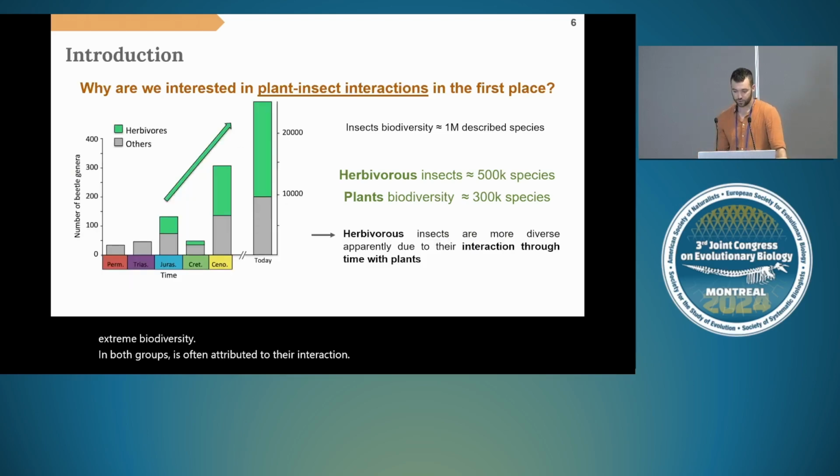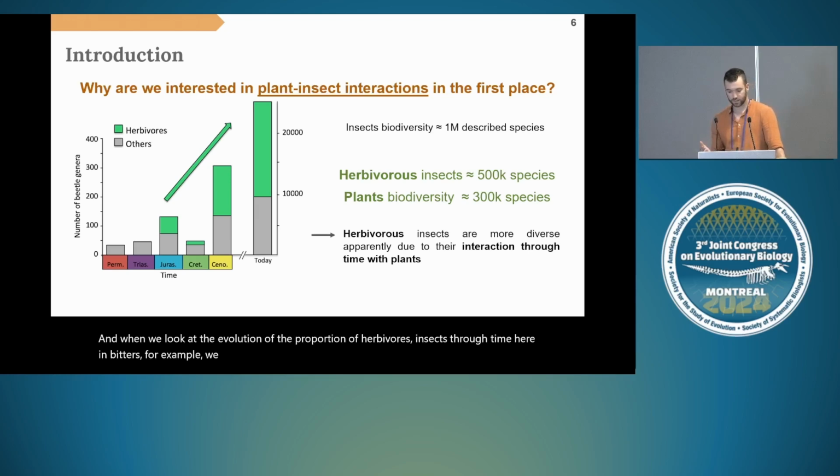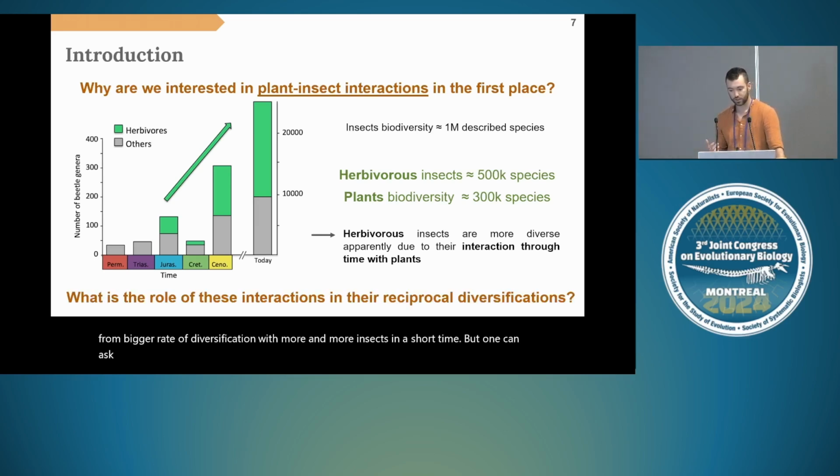When we look at the evolution of the proportion of herbivorous insects through time, here in beetles, for example, we can see that the insects interacting with plants show a bigger rate of diversification, with more and more herbivorous insects through time. But one can ask, what is the role of this interaction in their reciprocal diversification?